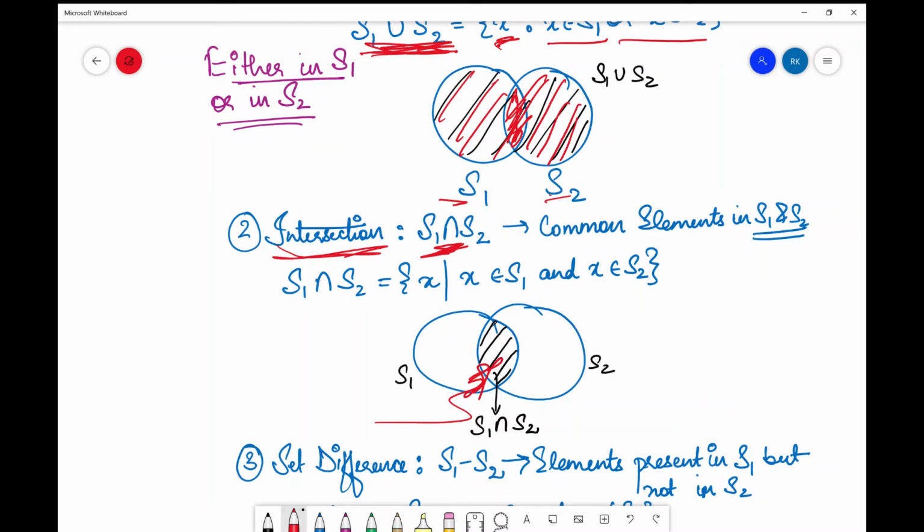I say X such that X belongs to S1 and X belongs to S2. Over here we have used and instead of or, because we are talking about the common elements present in S1 and S2. And this is how we represent it in the form of a Venn diagram.